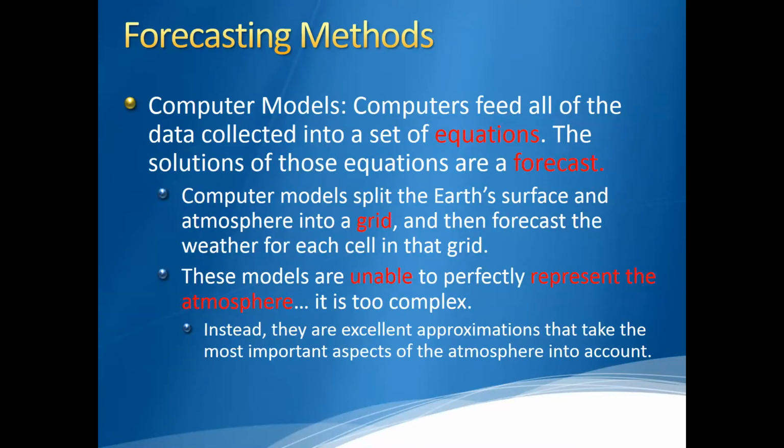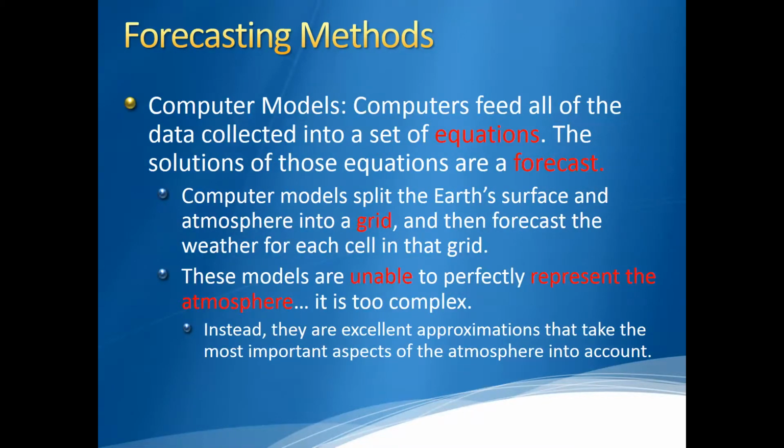And when the forecast model is making the forecast, if it's only making it for one location, that wouldn't be that useful. So instead, what we as meteorologists do, or what these forecast models do, is rather than running the equation just for one location, they actually take our Earth and they split it up into a grid series.